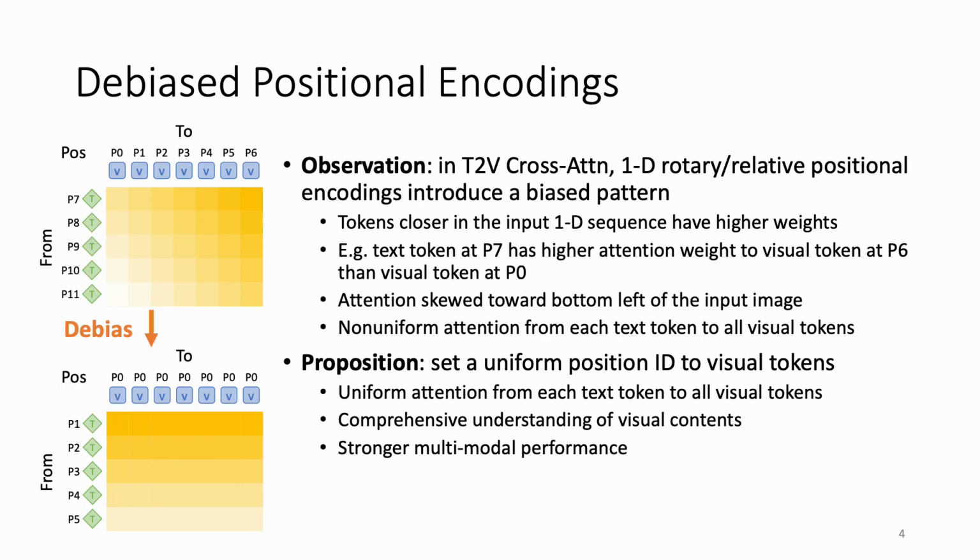We also observe that in T2V cross-attention, 1D positional encodings introduce a biased pattern in attention, where tokens closer in the input 1D sequence have higher attention values. For example, in the top left figure, a textual token at P7 has higher attention weight to the visual token at P6 than the visual token at P0, leading to a skewed and non-uniform attention pattern from each textual token to all visual tokens.